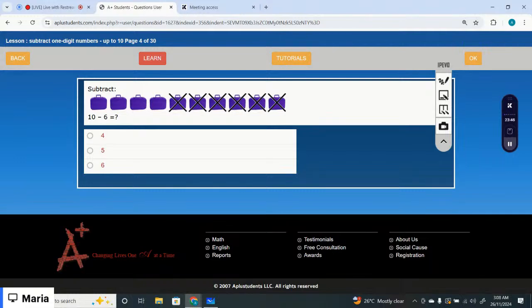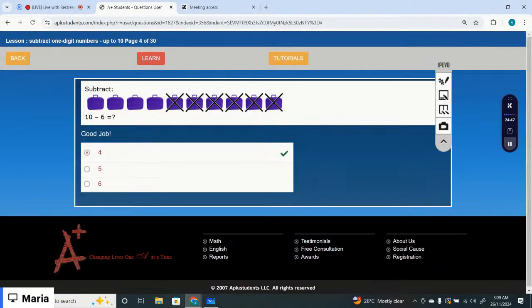So which is the correct option? 10 take away 6 is 4. 4 of them are not crossed out. So option number 1 is the correct option.